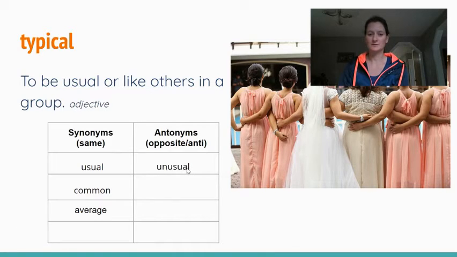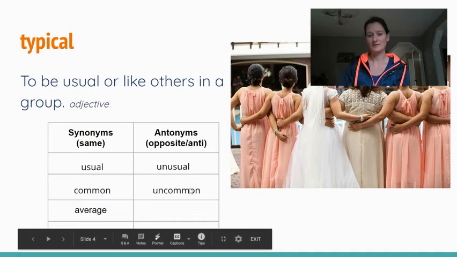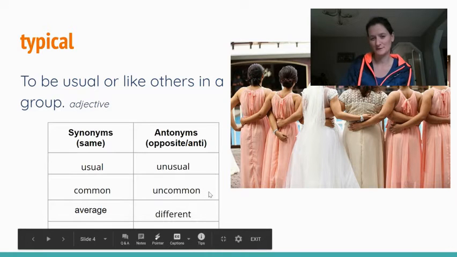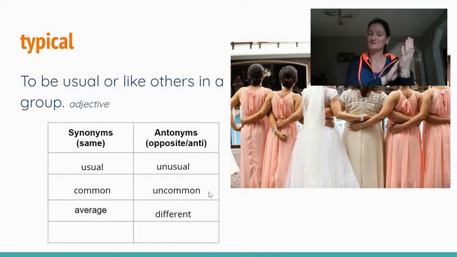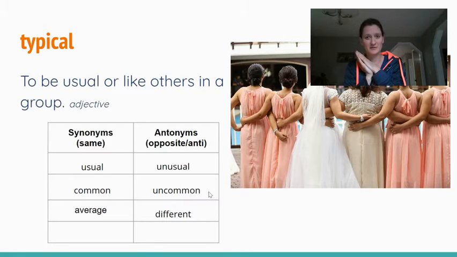It wouldn't be typical. It would be uncommon. It would be different. So the synonyms usual, common, average mean the same thing as typical, whereas unusual, uncommon, and different mean the opposite of typical. And actually, the other word for the opposite of typical was atypical.